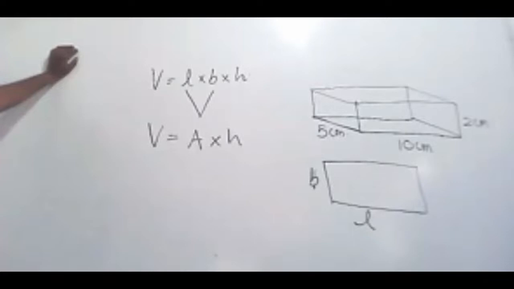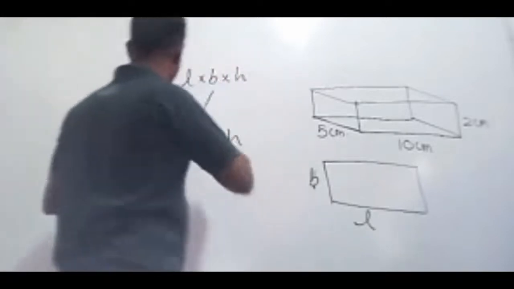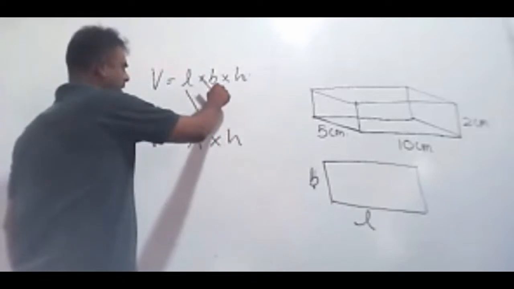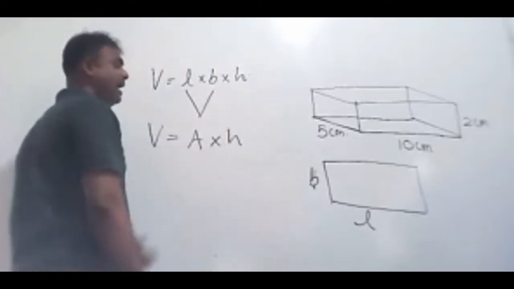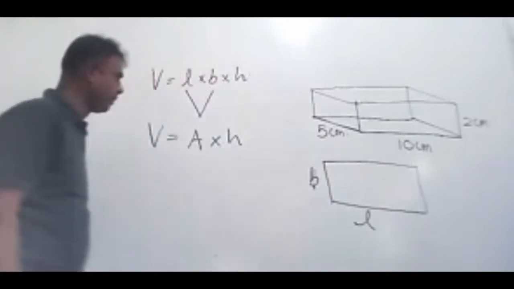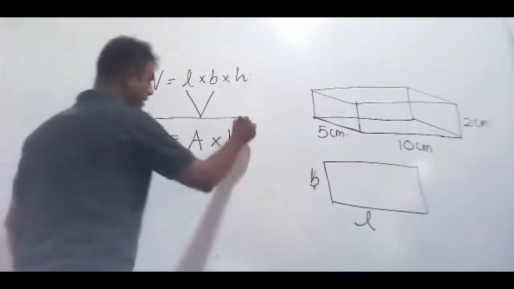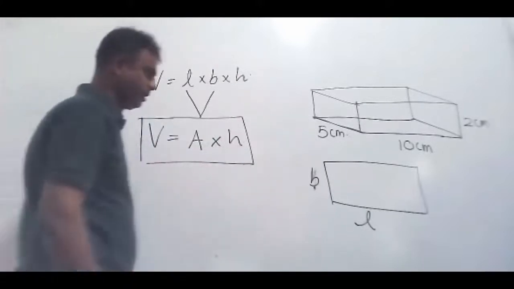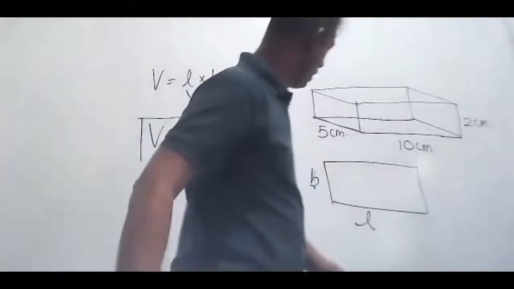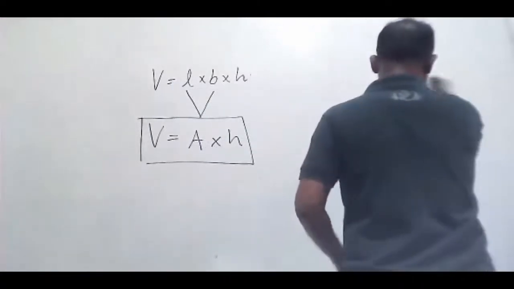I'm explaining, right? We know that L multiplied by B is the area, length into breadth. Otherwise, we studied another formula, V equals A into H. According to this exercise, now we can apply these amounts.